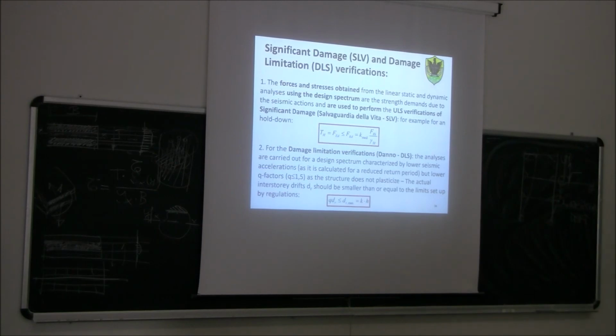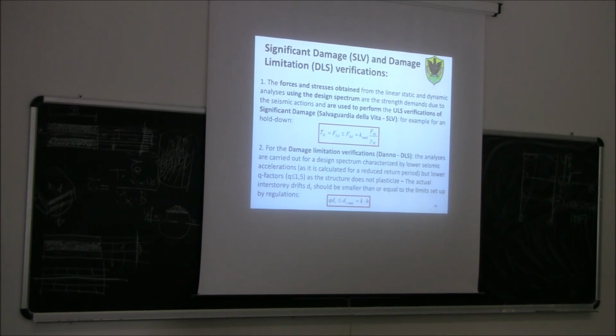So, what we said before, we will have to consider a reduced intensity earthquake motion. So, the spectrum in this case will be lower, the design spectrum will be lower. We consider an elastic behavior of our structure, and we go to calculate this interstory drift.